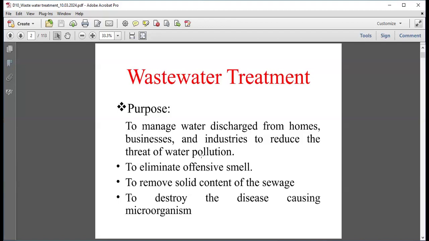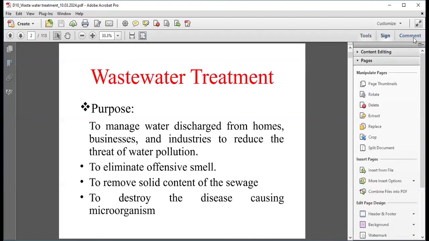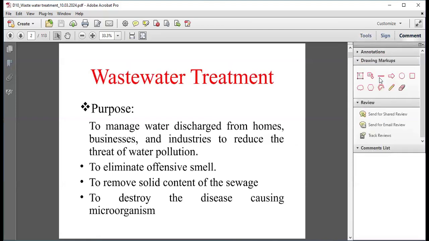The purpose is to manage water discharge from homes, businesses, and industries to reduce the threat of water pollution.